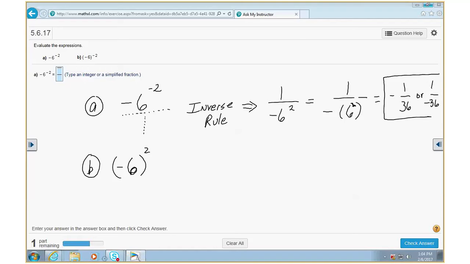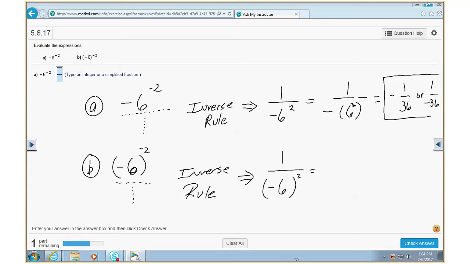All right. So this one says I'm going to take -2, because that's a negative, and turn it upside down because it's over 1. Flip it by the inverse rule. And that's going to give us 1 over -6 quantity squared.